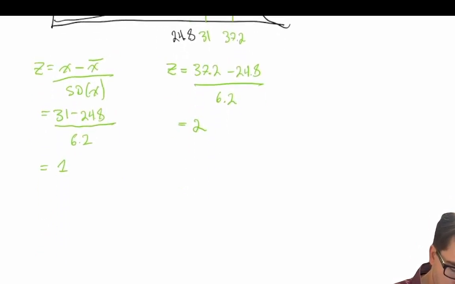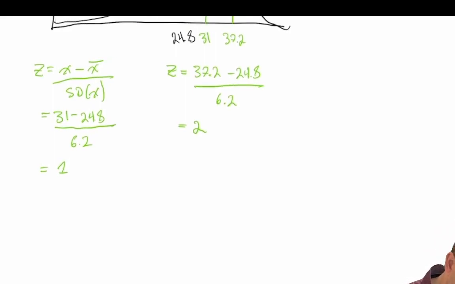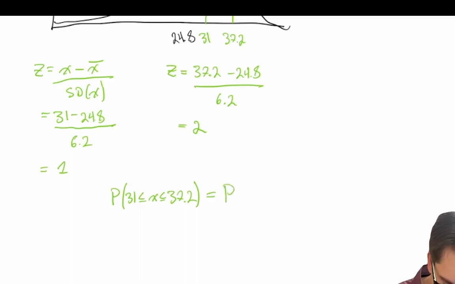So we're going to say the probability that 31 is less than or equal to x, less than or equal to 37.2 is equal to the probability that z is less than or equal to 2 minus the probability that z is less than or equal to 1.